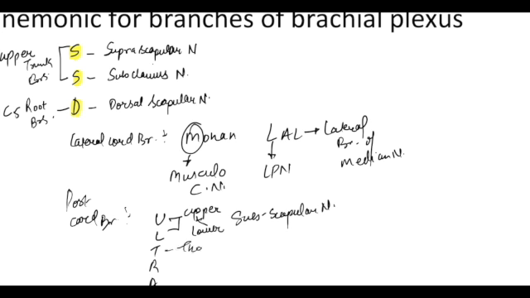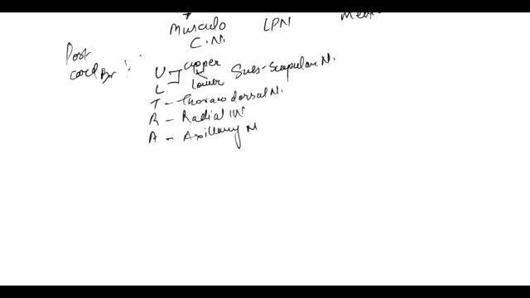T indicates thoracodorsal nerve. R indicates radial nerve, and A indicates axillary nerve. So this is the mnemonic for posterior cord branches. Okay, the terminal branches from the posterior cord is ULTRA, and the lateral cord branches is Mohanlal.